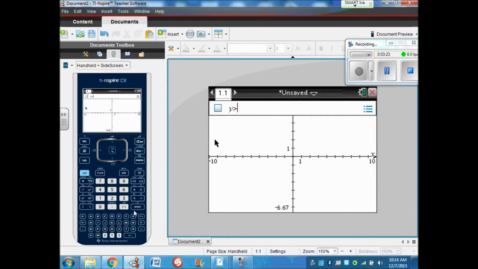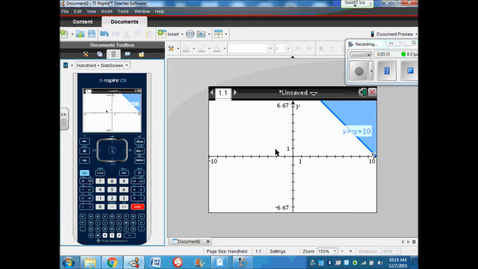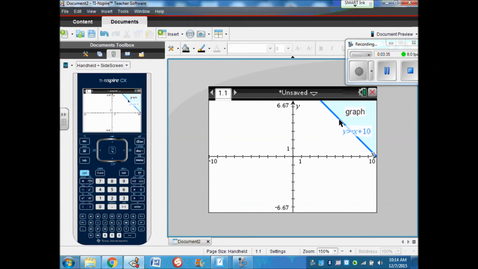There we go. Negative x plus 10, hit enter. Notice that the shading occurs for us, and if you click on that line, it will change it to a dotted line, because that greater than symbol indicates that it's not equal to on the line, but all the solutions are above the line.